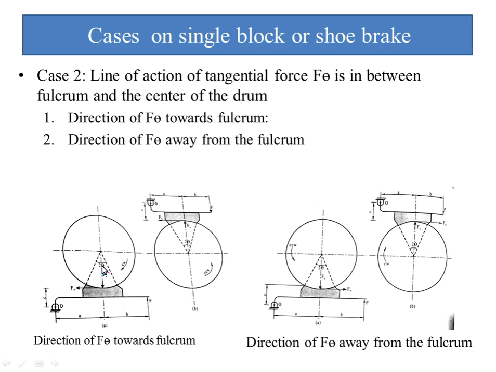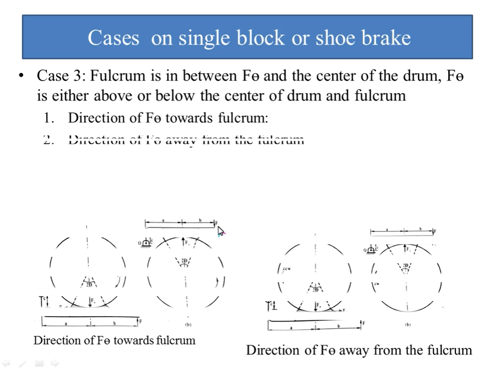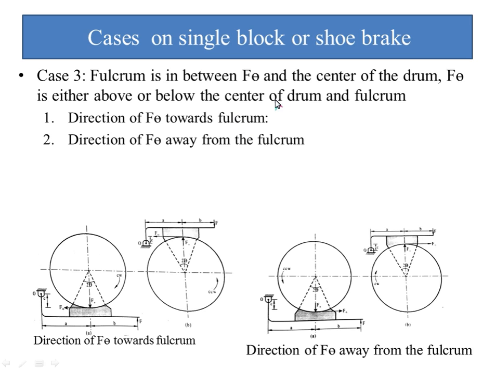And the next case is where the fulcrum is in between the center of the drum and F theta. You can see that the fulcrum is in between F theta, which is the force which is acting, and the drum. So this is how we have three cases of block or shoe brake.